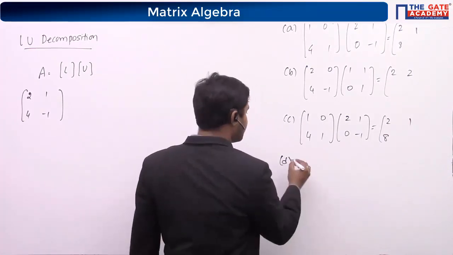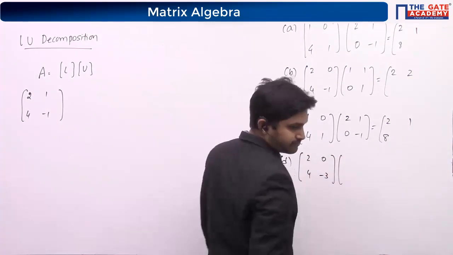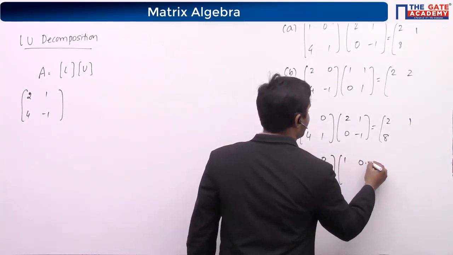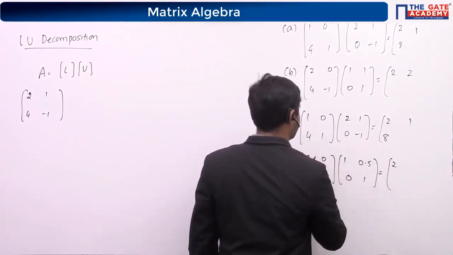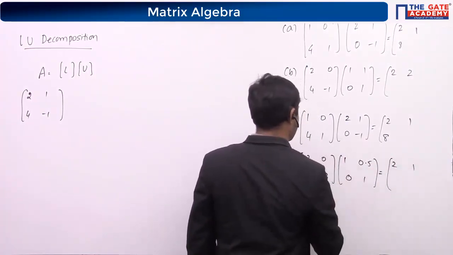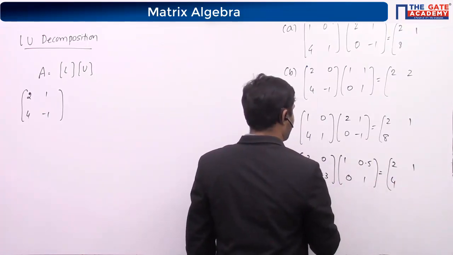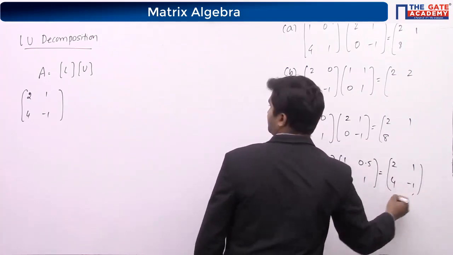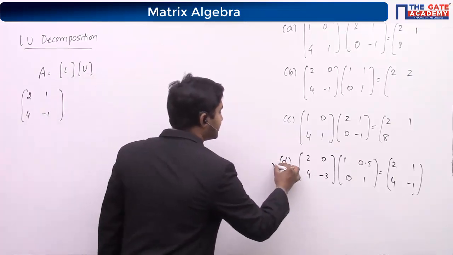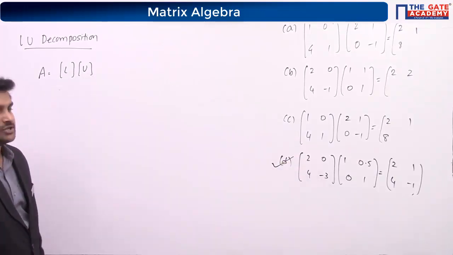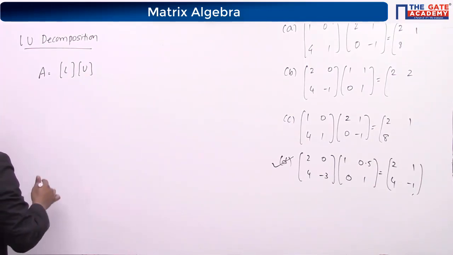And then the last one, which is 2, 0, 4, minus 3, 1. So you have 2 first, then 1, then 4, and then minus 1. And this is the matrix A. So it means that the answer is option D. Clear?